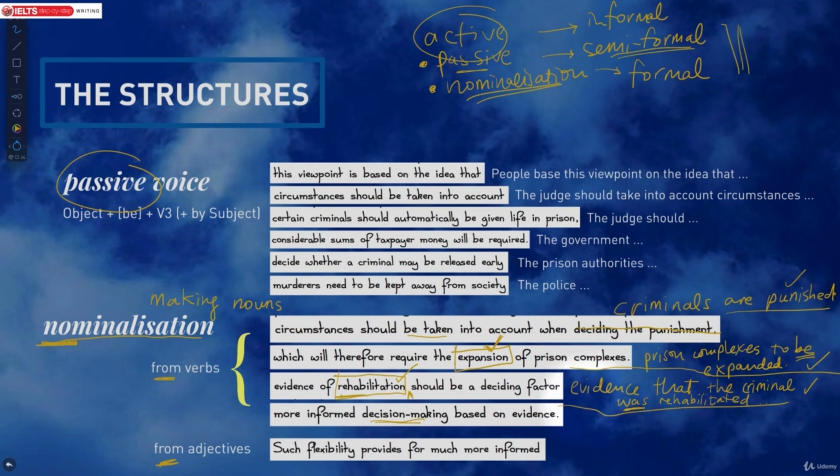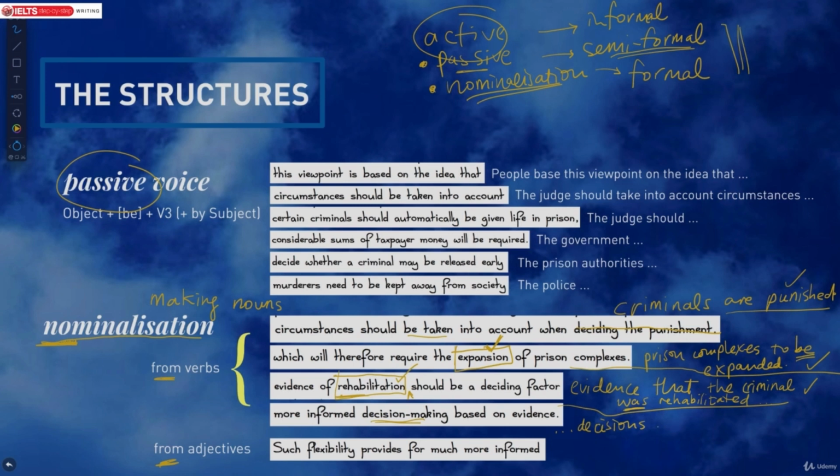Okay, so let's do this one. Decisions. This is the end of a sentence, so let's start with decisions.